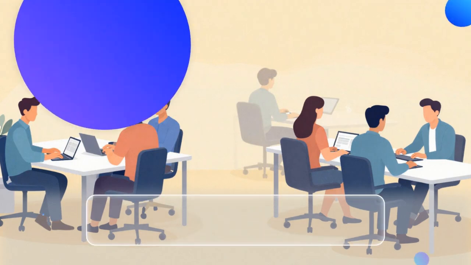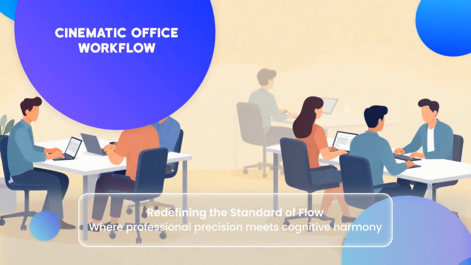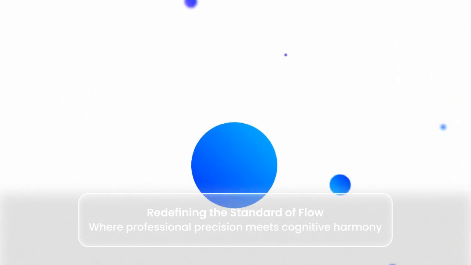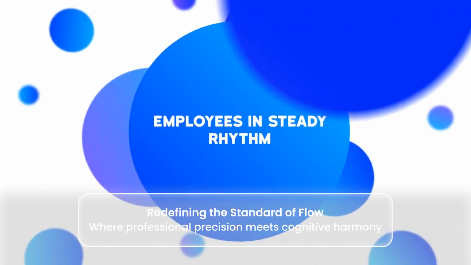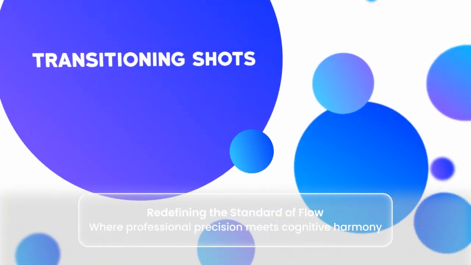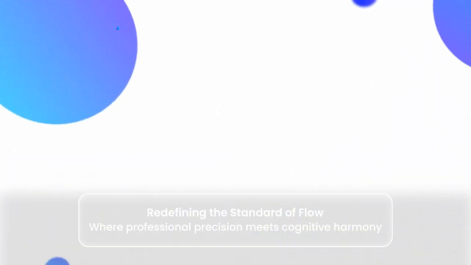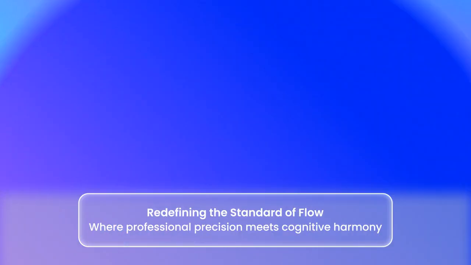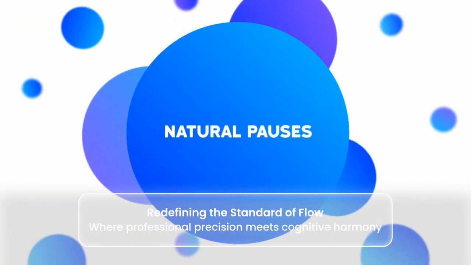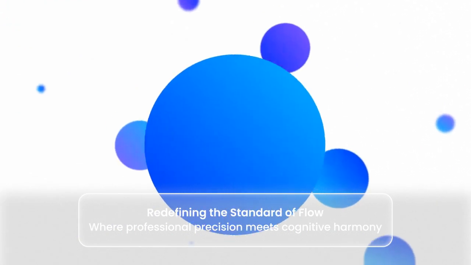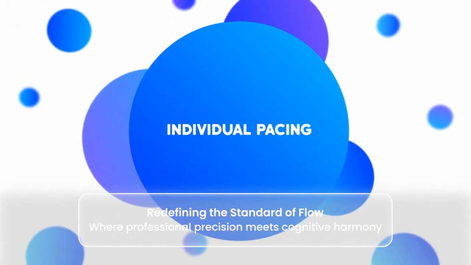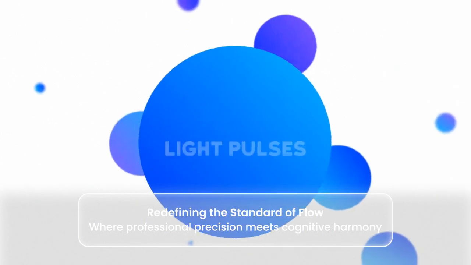To address this, we had to move beyond outcomes. Instead of asking how much was done, we asked a different question. How does the work actually happen? This led us to activity rhythm. Cognitive rhythms, patterns of focus, pauses, effort, and recovery are extremely difficult to fake consistently, especially across an entire team.